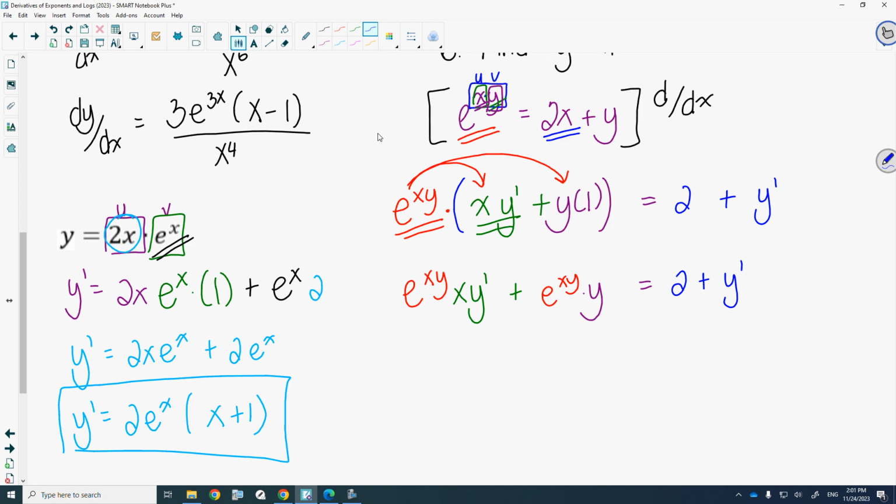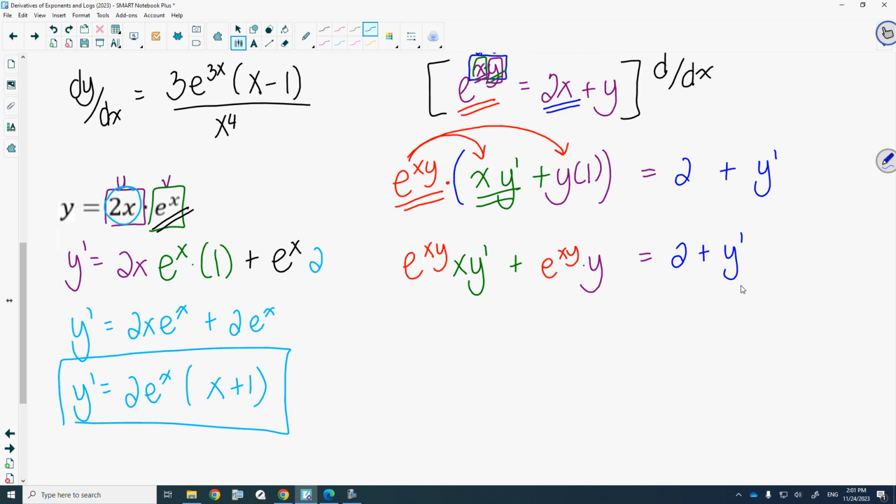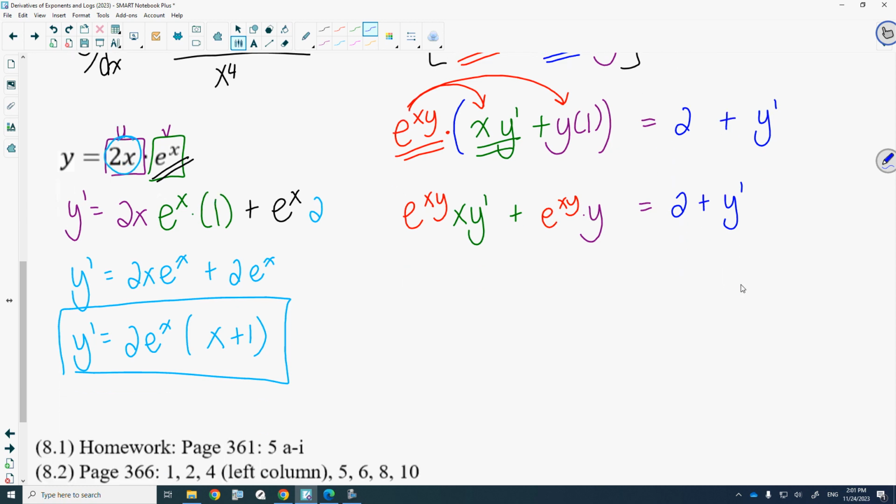Okay, let's bring all of our y prime terms to the left-hand side. This term does not have a y prime, so let's bring it to the right-hand side. So I will be left with e to the power of xy times x y prime, and I'm going to bring this to the left, equal to 2, and I'm going to bring this term to the right-hand side.